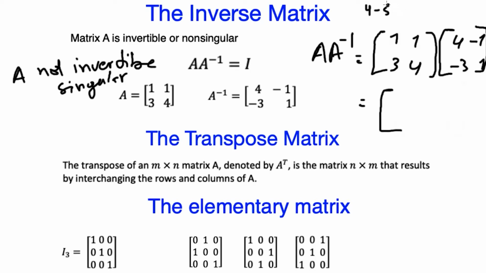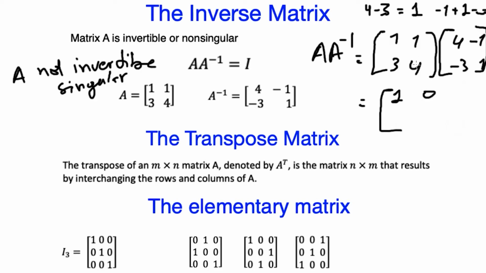So this is 1. And this row times this column, which is 1 times minus 1, which is minus 1, and 1 times 1, which is plus 1. So it is 0.